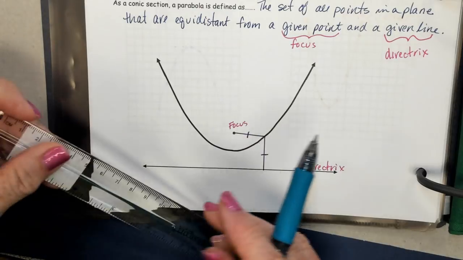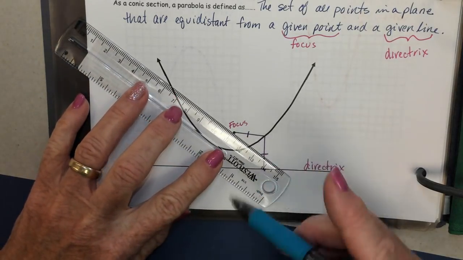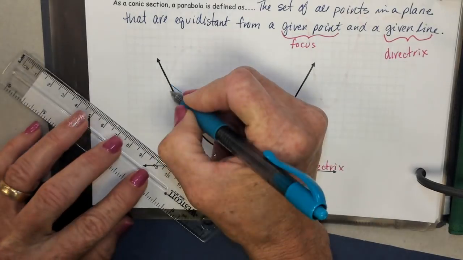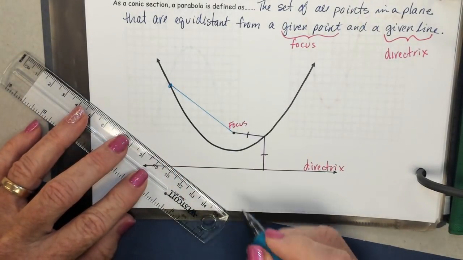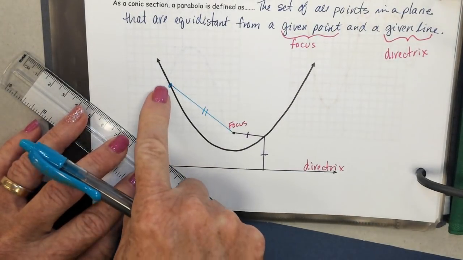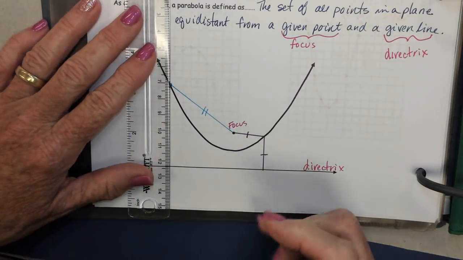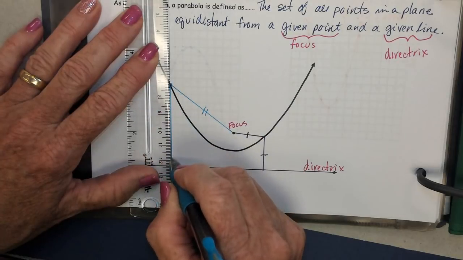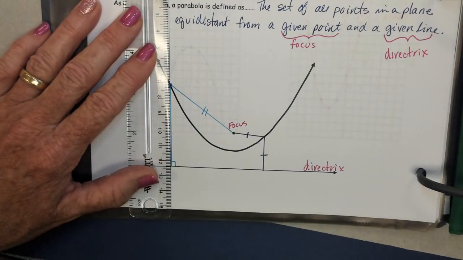If we choose a different point, maybe I choose this point up here, that distance from that point to the focus is the same as the distance from that point to the directrix.